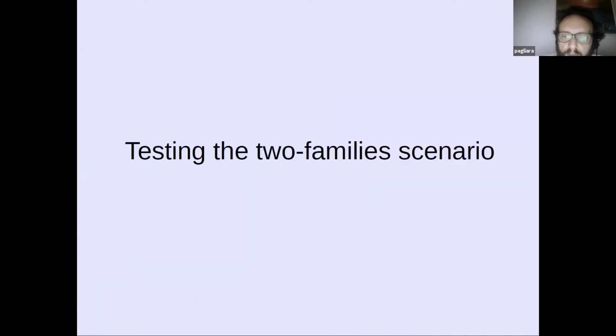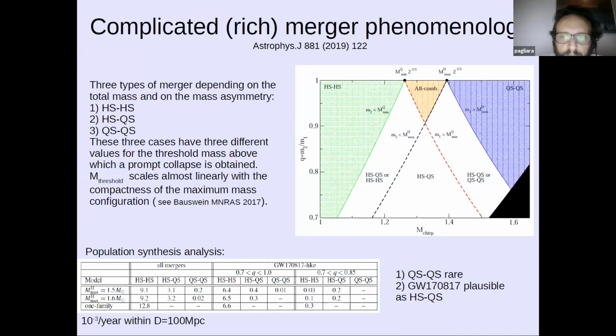Now, testing the two family scenario, of course, one of the most interesting predictions is that the merger of binaries could be formed by different kinds of families. So we can have hadronic star, quark star, and mixed mergers.